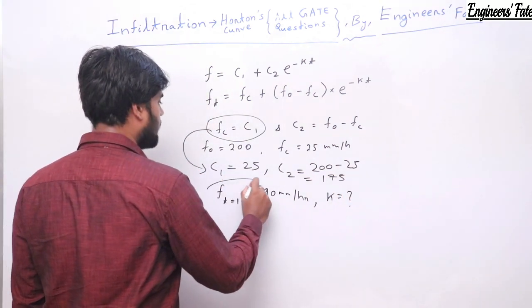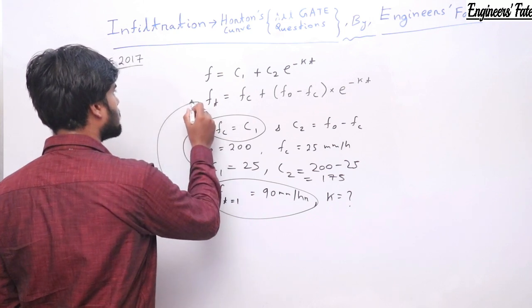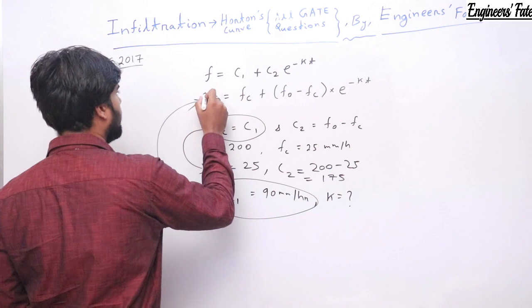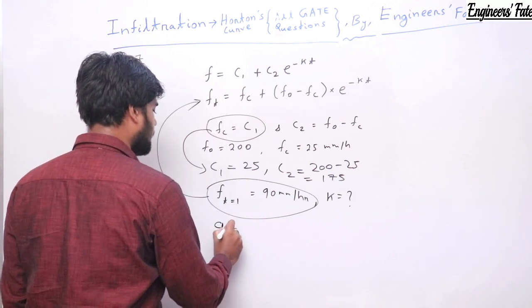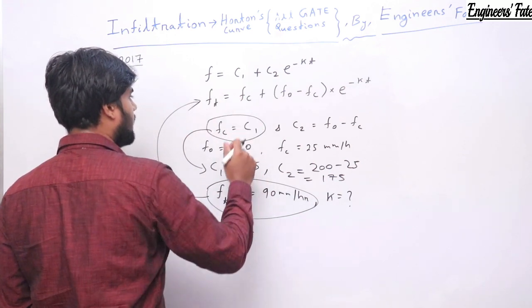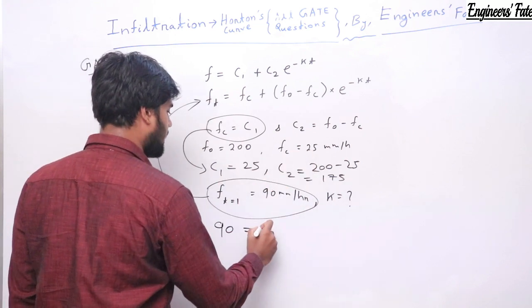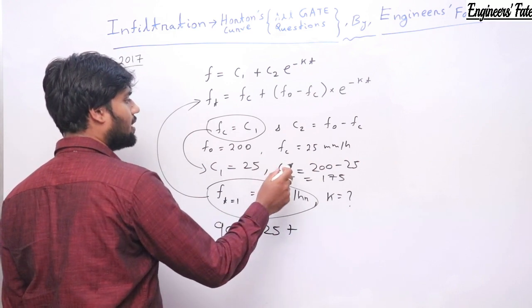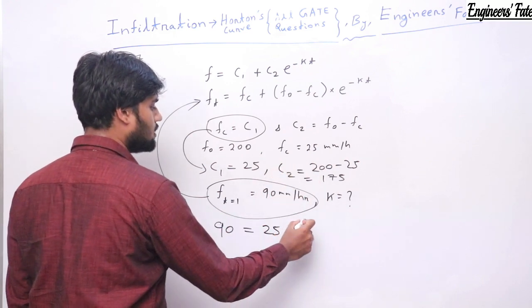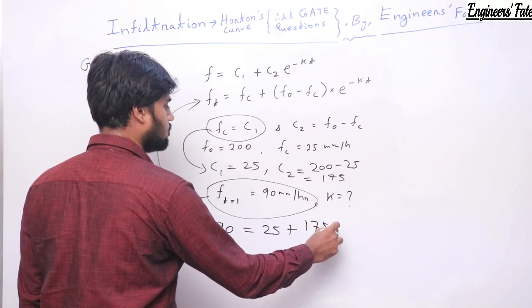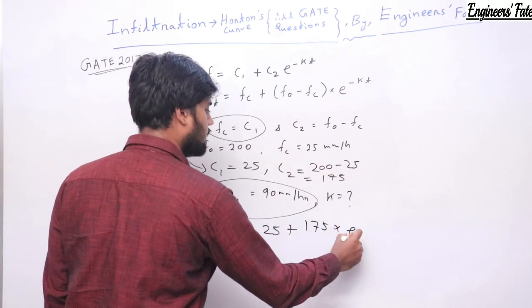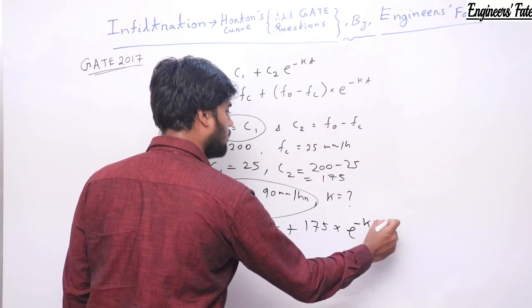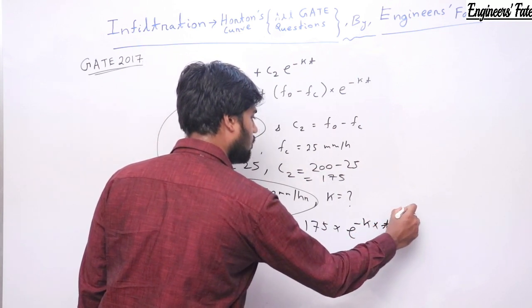So if I put this value in this equation, Ft equal to 90 equal to Fc, Fc is 25, plus F naught minus Fc, that is C2, equal to 175 into e to the power minus k into t, where t is given as 1 hour, that is t equal to 1.